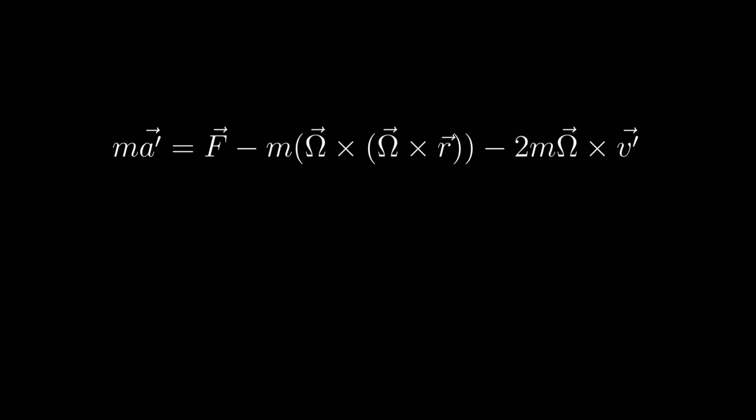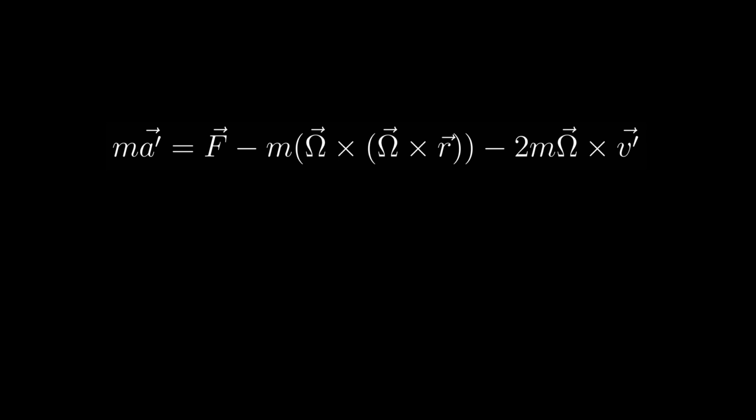The other two terms cause accelerations and cause forces, but they're only the result of the rotating reference frame, and so do not have an equal and opposite reaction. That's why they're called fictitious forces or pseudo forces, because they do act in reality. It's just they do not have an equal and opposite reaction.